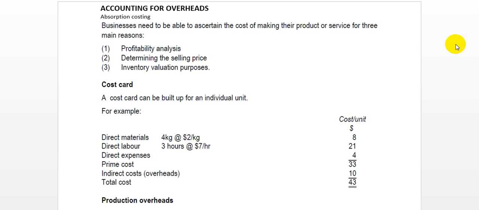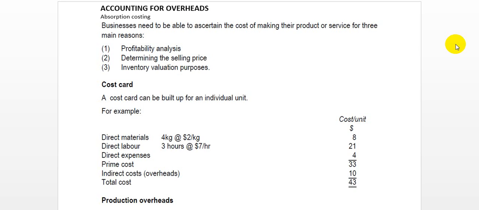There's one cost you need to take into account, a prime cost. A prime cost is a summation of all direct expenses. So the direct labor, direct material, direct expenses, when you sum these up, the total will give you what is known as a prime cost.